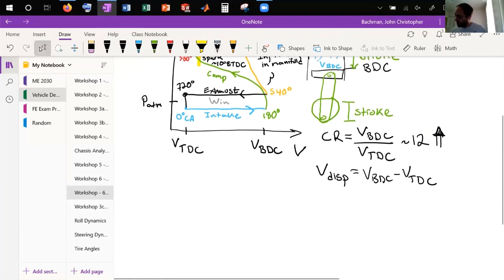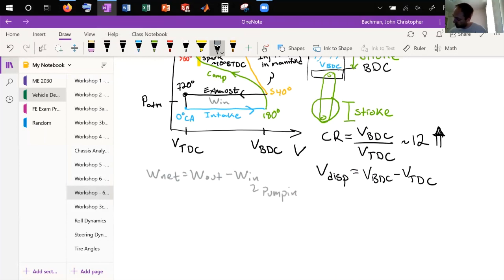So the net work is going to equal your work out minus the work you had to put in. And we call this the pumping losses, or pumping work, because that's the work it takes, the difference in, you have to push out the exhaust at a little higher pressure than you took it in.